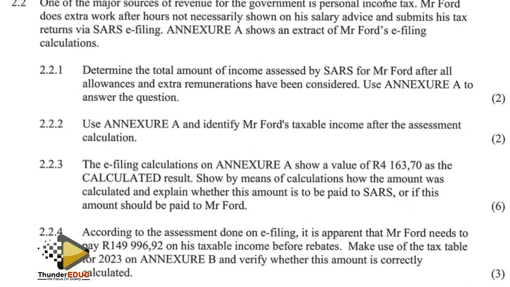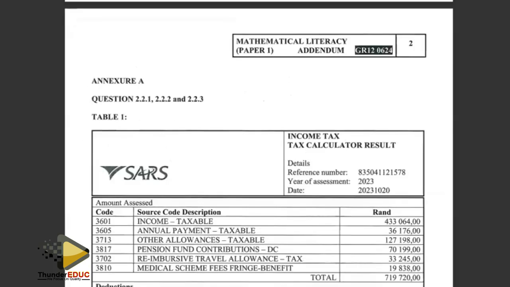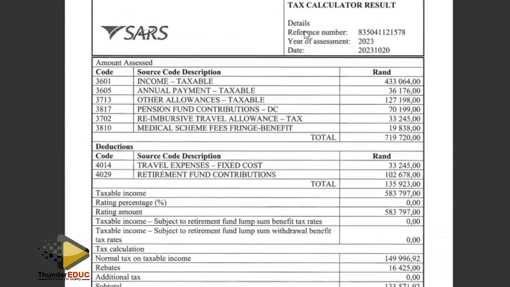All right, let's go to annexure A. Annexure A is here. This is how it looks like. So we're looking at income after, which is this much.